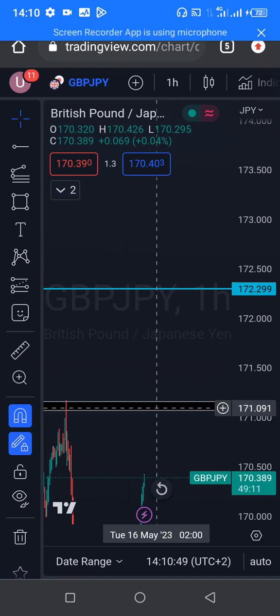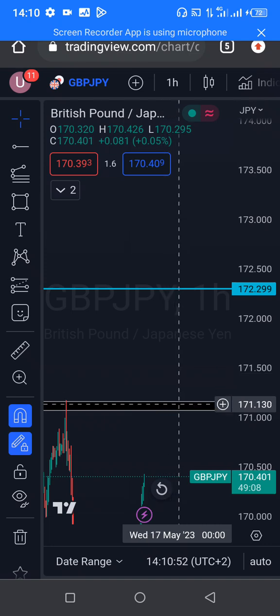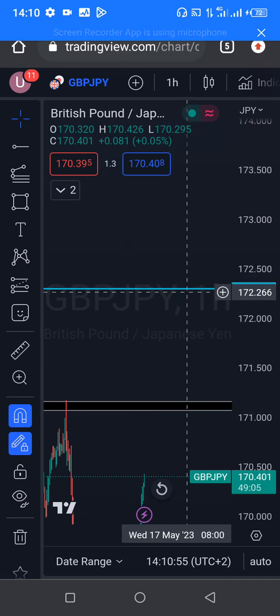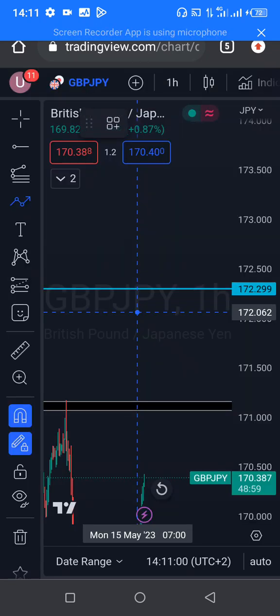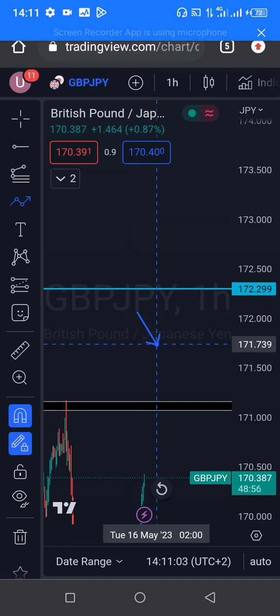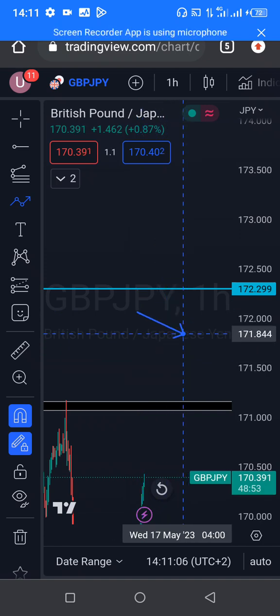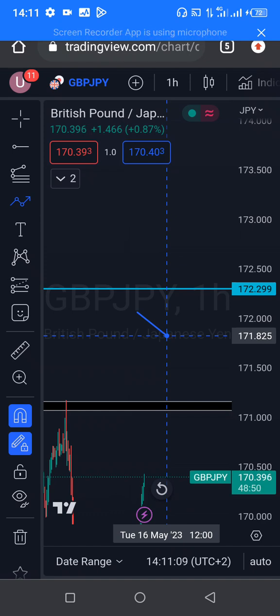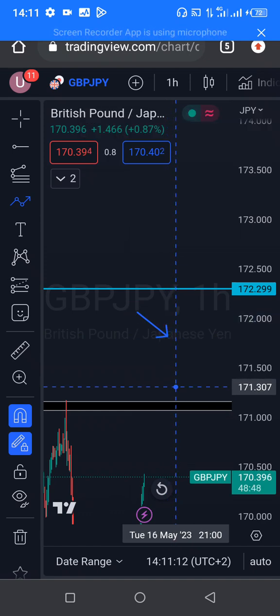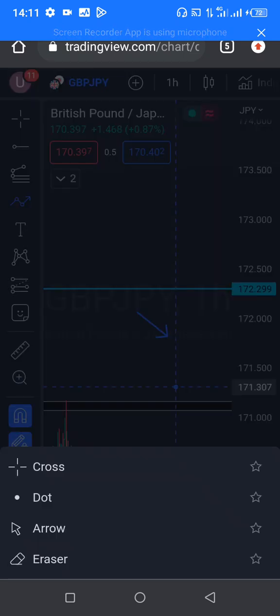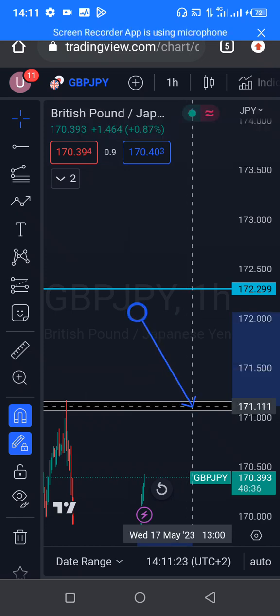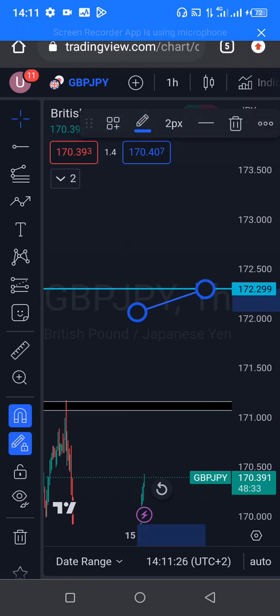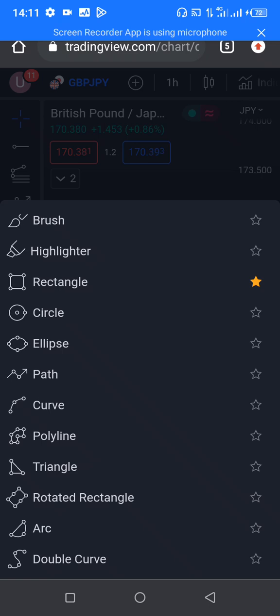I'm going to wait for a break, retest, and then shoot up to here, up to TP here. Draw my path. Let me delete this. Retest here, and then up to this point over here. So let me draw it properly.